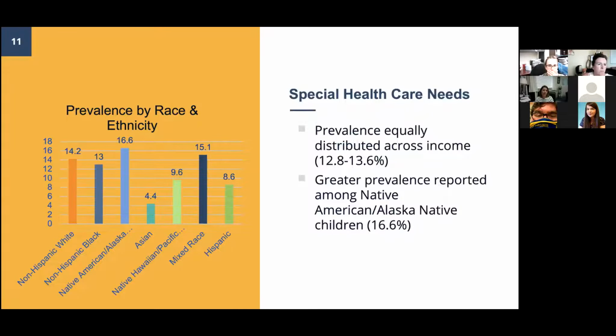Having a special healthcare need, and this is based on the literature, might, not a guarantee, none of this is causal, but might impact attachment between a caregiver and a child. It would require a particular change or difference in environmental support that others are able to give that child. And so it pulls a lot of resources from those around that child, and whether they can meet those or not is definitely a test at a younger age.